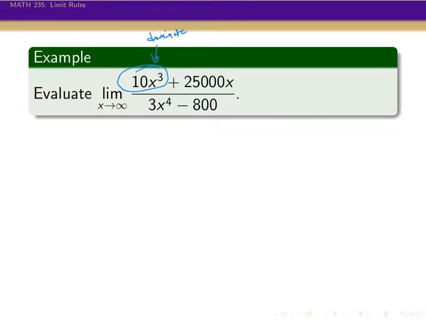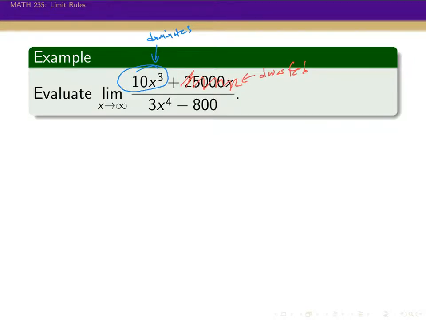The coefficients are just constants. It's the power of x which is really controlling what's the biggest. And so 10x cubed dominates. The 25,000x, eventually this is going to be dwarfed. Right? If you put x equals 10 to the 100, well, 10 times 10 to the 100 cubed would be a 1 followed by 301 zeros.